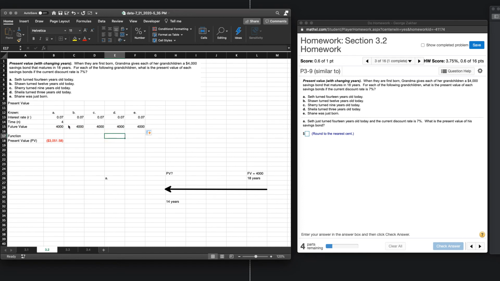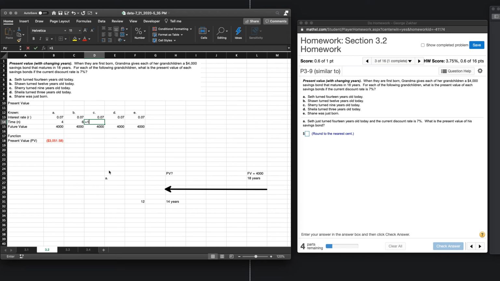Now we're looking at Sean. He turned 12 today, so he's somewhere around here. We don't have to count each time, but we remember that's the difference: 18 minus 12 years, so we're looking at 6 years. For C, Sherry turned 9 years old, so the difference is 18 minus 9 years.